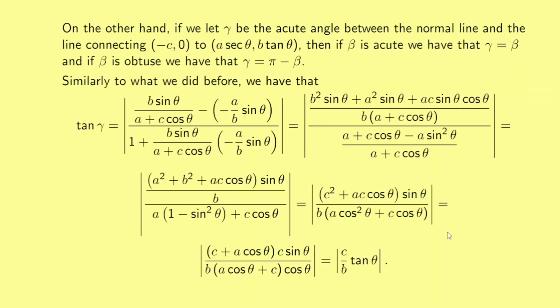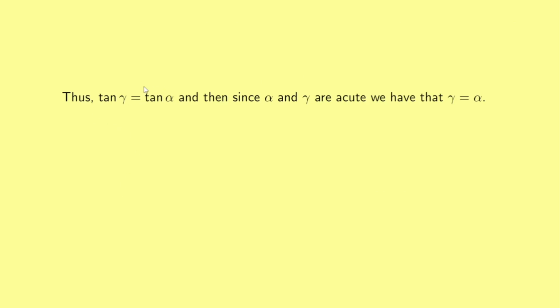Okay, we are almost done. Now, what we get here. Since by hypothesis alpha is acute and gamma is acute, and the tangents of both angles are the same, they must be the same angle. Since tangent gamma equals tangent alpha, this tells us that both angles are the same.